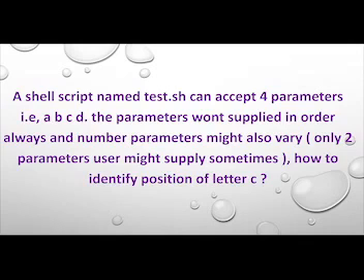Also you are not sure whether you will always get 4 parameters, or you might not get parameters at all sometimes, and sometimes you might get only 2 parameters. But I need to identify the position of letter C. How will you approach this particular scenario?